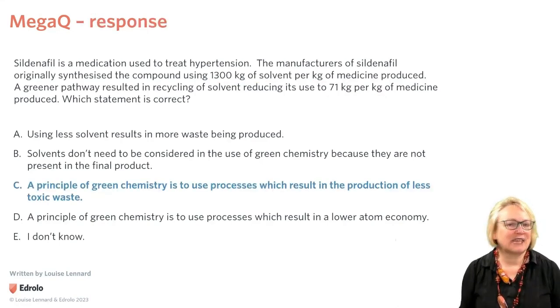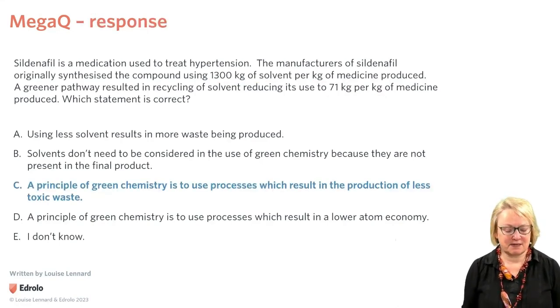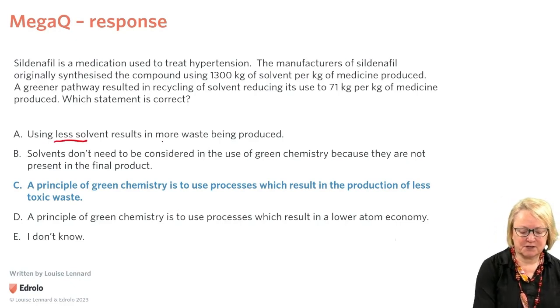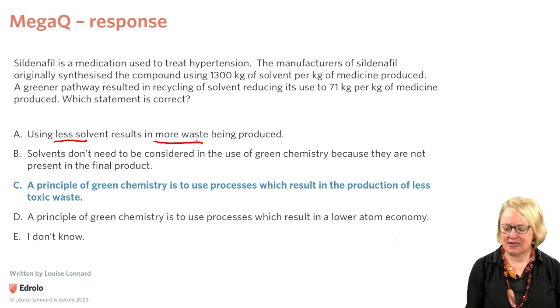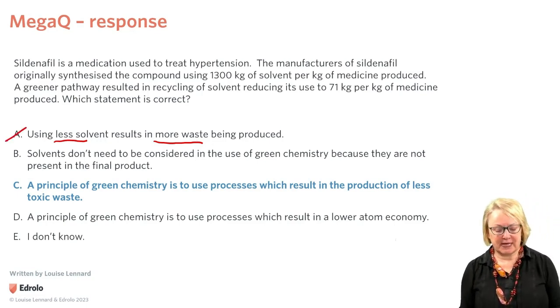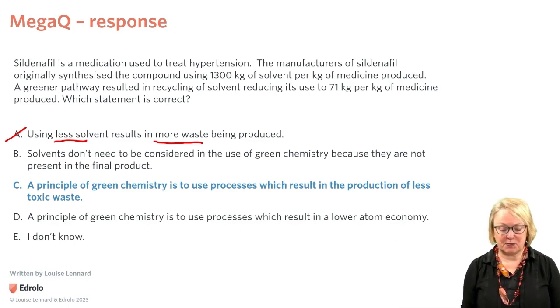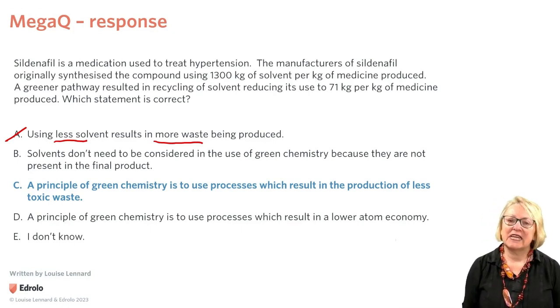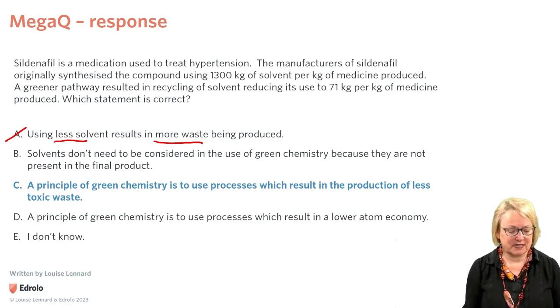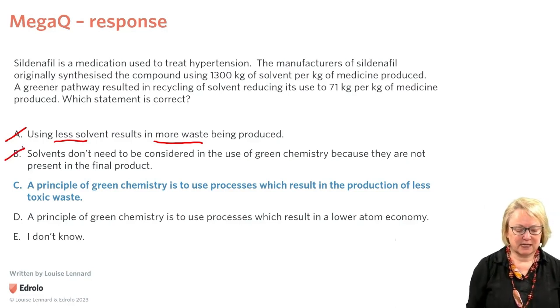Okay, let's look at each option in turn and choose the best response. Using less solvent results in more waste. That doesn't make sense, so that's not right. Solvents don't need to be considered in the use of green chemistry because they're not present in the final product. It's true they're not present in the final product, but in green chemistry we need to think about the whole process. So B is incorrect.